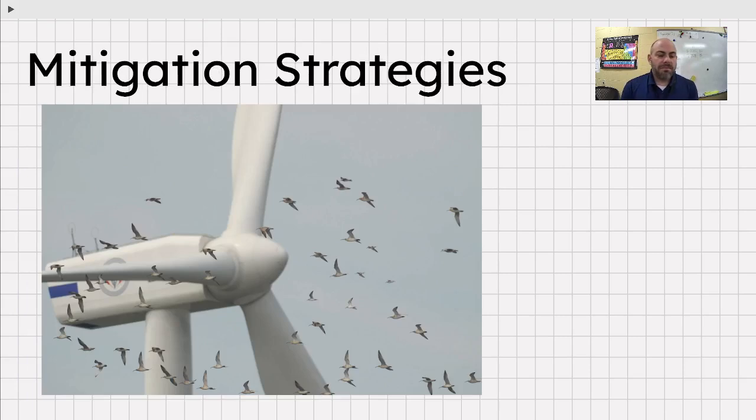So let's look at some mitigation strategies. Mitigation means to avoid. So what are some strategies to avoid some of these drawbacks? Some of the design of turbines has improved over the years in order to mitigate bird loss. Here's some birds attempting to maneuver this particular structure. You'd think they would have figured it out, but they don't.